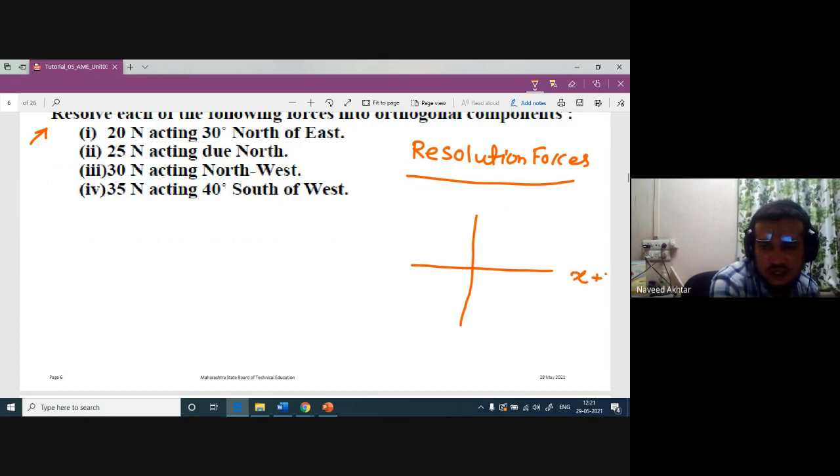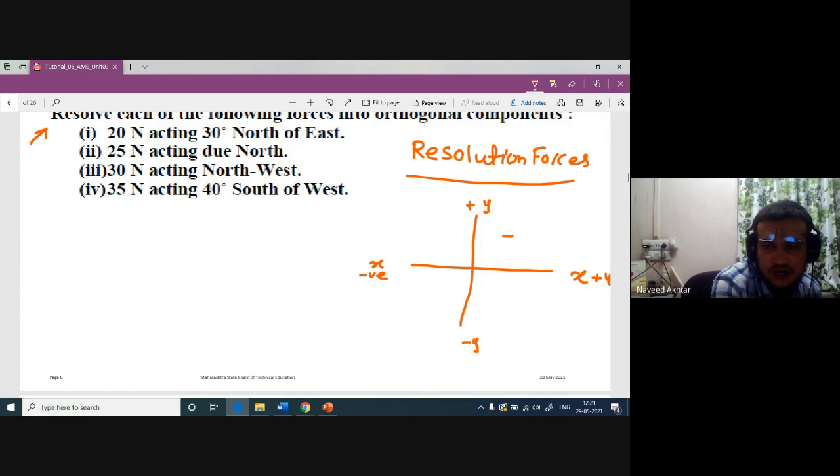This one is the positive x-axis. This is also the x-axis, but this one is the negative x-axis. This is the y-axis. This is the positive y-axis, and below you can say the negative y-axis. So these are the four quadrants we are generally talking about.